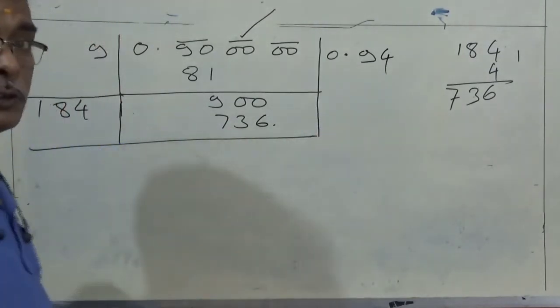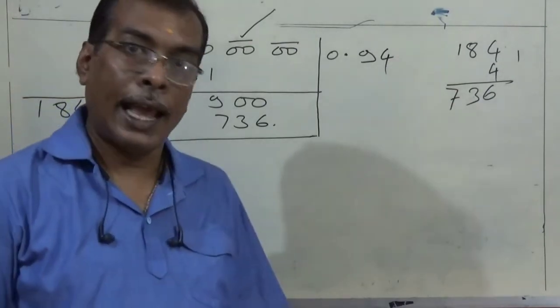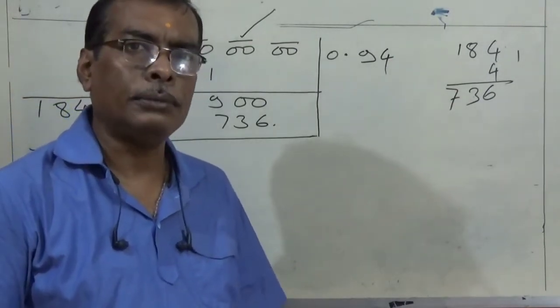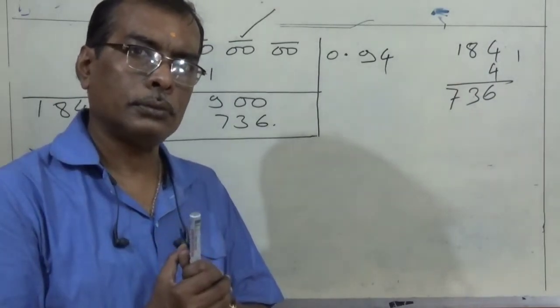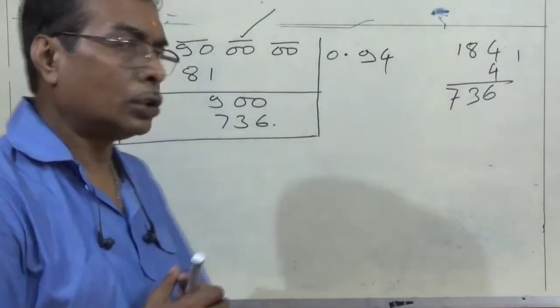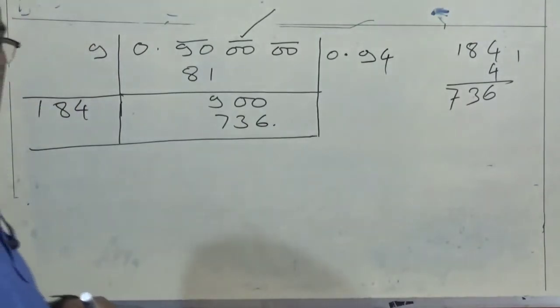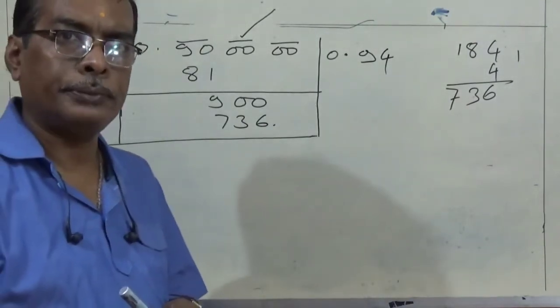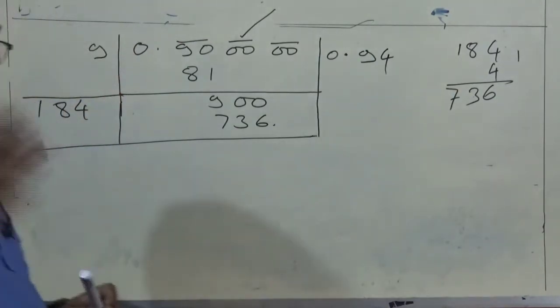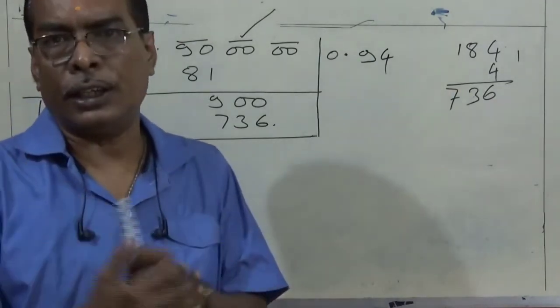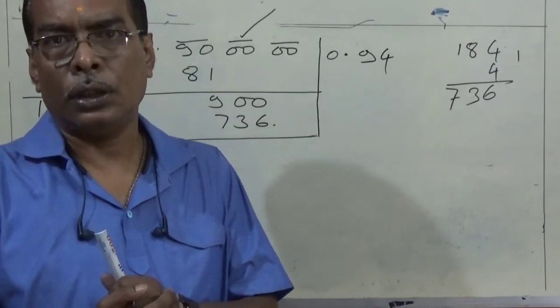Should have the patience. In the beginning some hesitations will come, but don't be afraid of those things. Take the subtractions. Anyway, in the beginning only, but afterwards fluency will come. Automatically fluency will come.